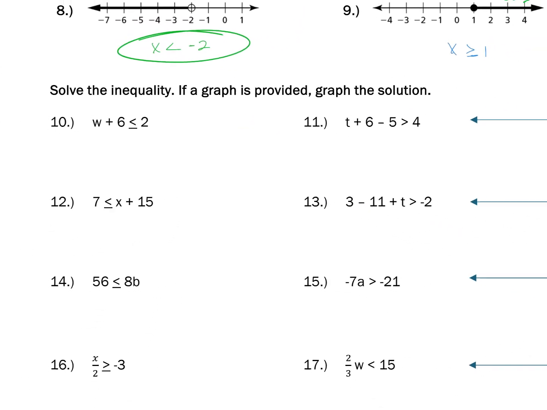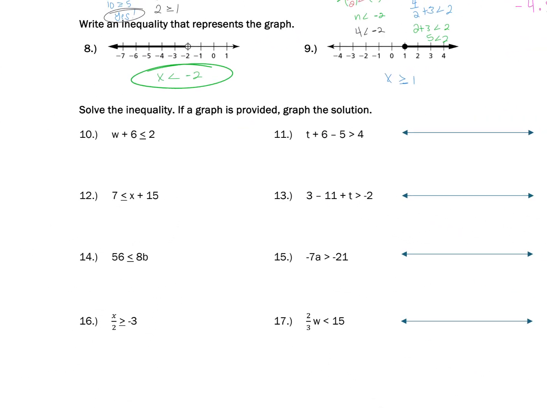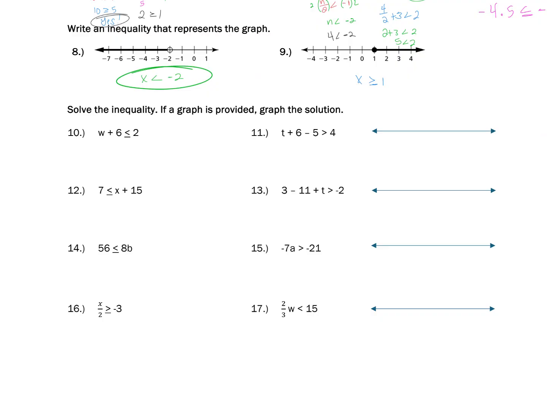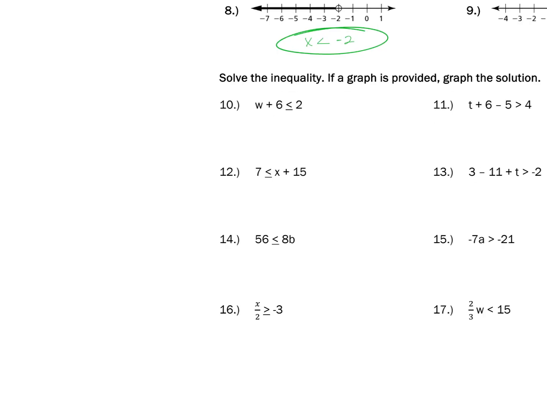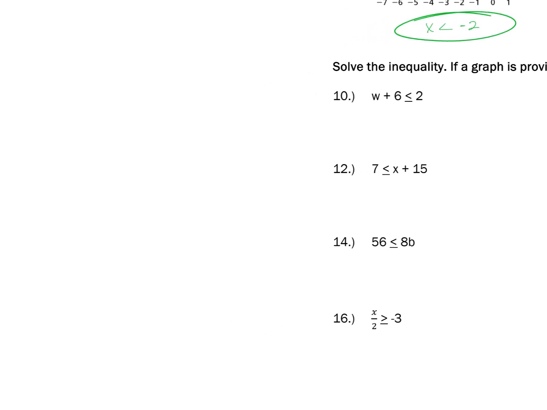Solve the inequality. If the graph is provided, graph the solution. So let's do this. I'm just going to do them all, and if you don't like that, then okay. So I'm going to graph them all and solve them all is kind of what I'm saying. So I'm going to scooch over here and give myself a line.